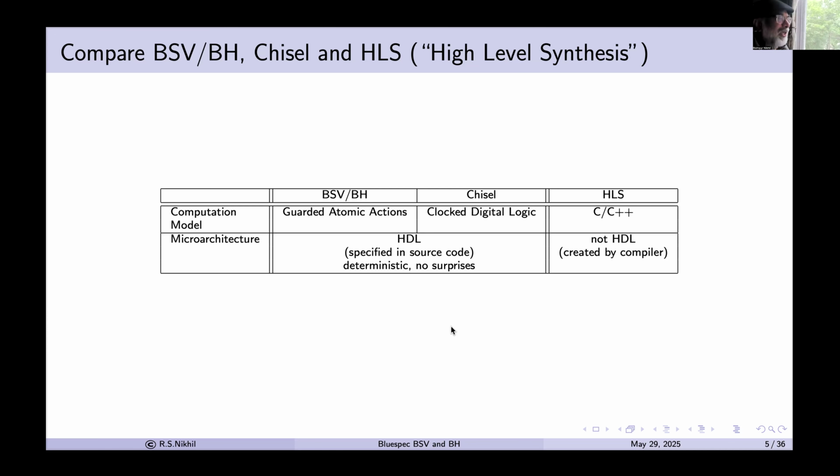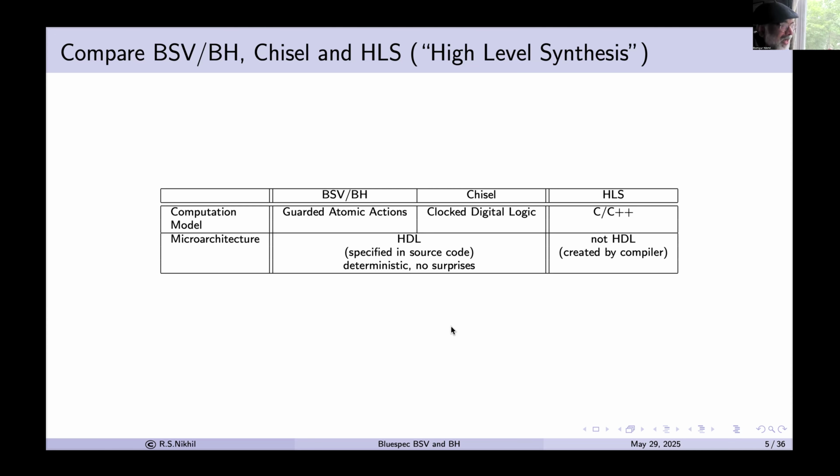And that's not the computation model of the hardware. That's just the computation model for how the hardware is elaborated for you. And the hardware then is just a standard clocked digital circuit. Similarly, in BSV, everything to do with Haskell is not the computation model of the algorithm you're implementing in hardware. That's the computation model of how hardware is elaborated and described.